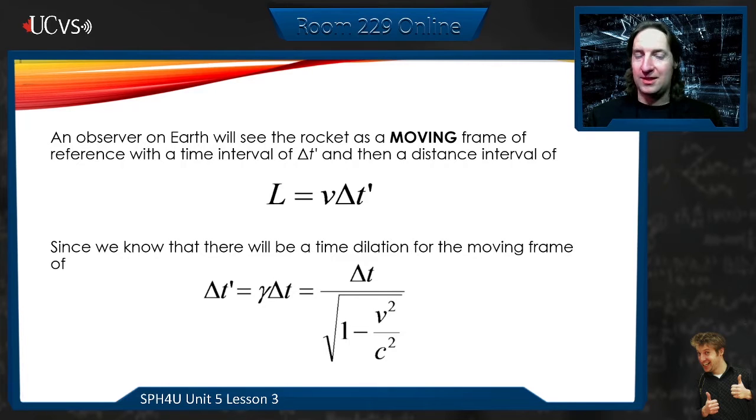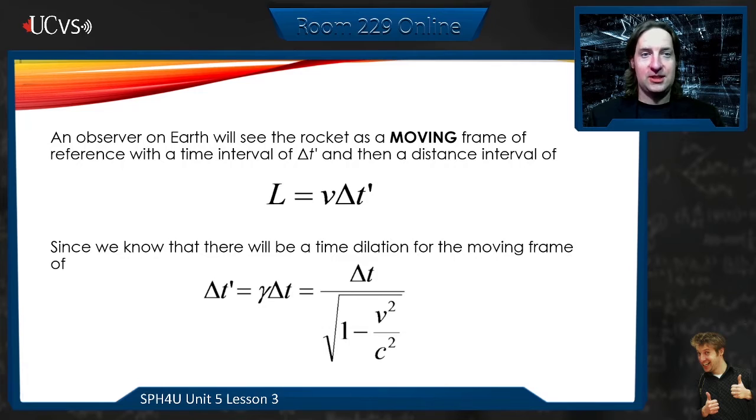Remember, that's a slower time. They're going to think they're taking less time inside the spaceship, but we're going to see them as having taken more time. So our delta t is going to be larger, using what we learned last lesson. So delta t times the speed at which they travel, that's going to be the L that we see.